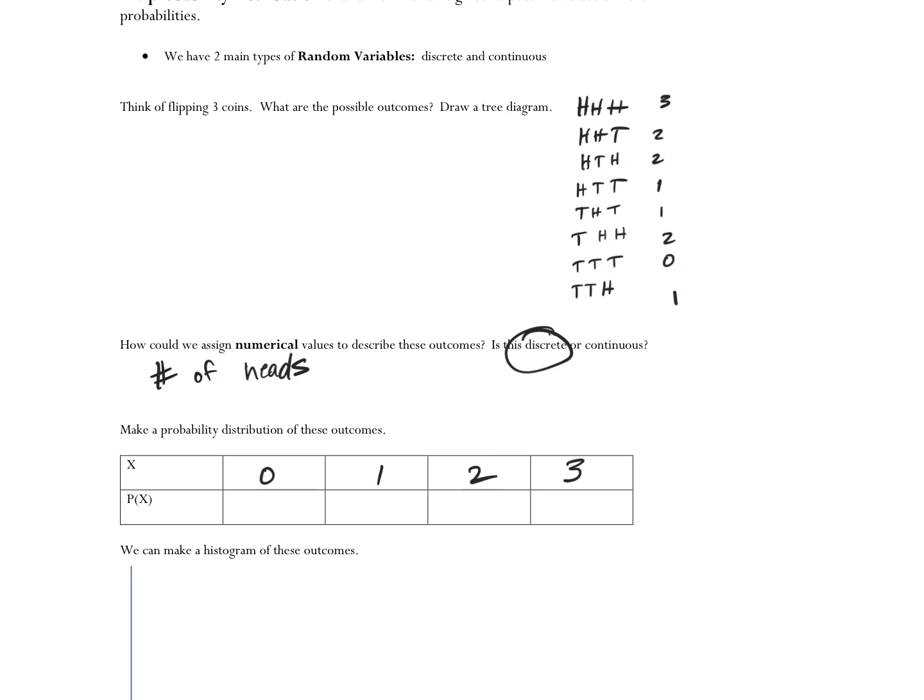Some happen more than others. There's only one way to get all 3 coins to be heads. There's 3 ways to get 2 heads and a tails. Is this making sense? Okay, so this would be 1 out of 8, 3 out of 8, 3 out of 8, 1 out of 8, in terms of those probabilities.